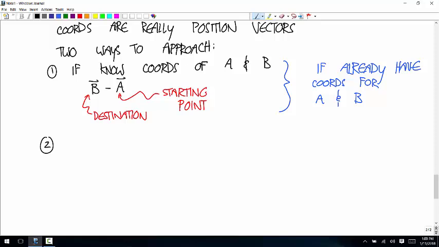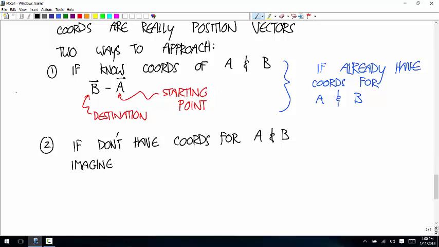Then what you do is, if you don't have the coordinates for A and B, it doesn't matter if your true origin for the problem is at the point A. Just imagine that the origin is at A. That point A is the starting point.